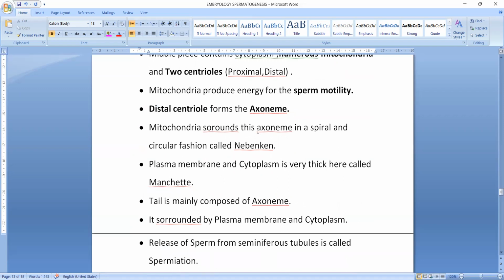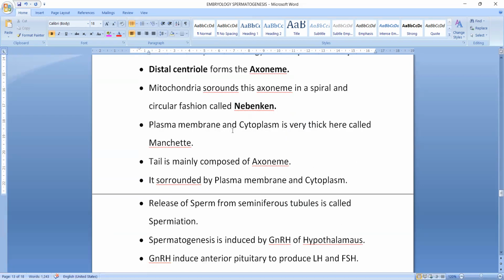Mitochondria surround this axoneme in a spiral and circular fashion, which is known as Nebenkern. And the plasma membrane and the cytoplasm are very thick here. That is called manchette.